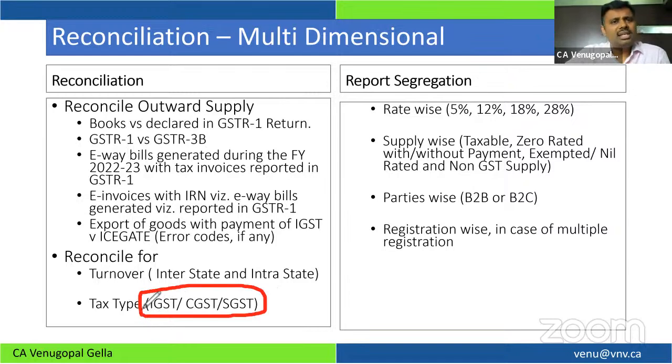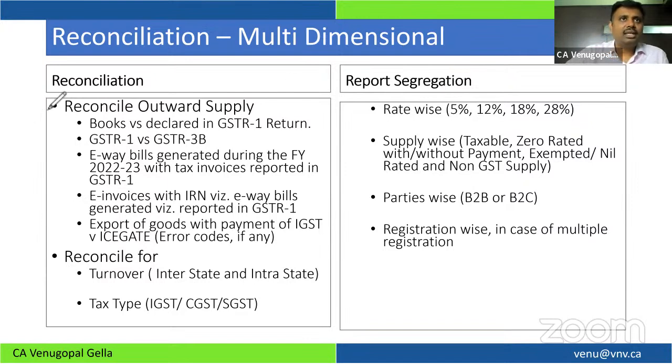You cannot say that some tax I have paid. When I have to pay 18 rupees, I paid 18 rupees. How does it matter whether it is 9 rupees CGST, 9 rupees SGST or 18 rupees IGST? The Act doesn't permit that. Section 77 of the Act says that if you are paying a wrong tax, later you still have to pay the right tax and collect a refund of the wrong tax that you have paid.